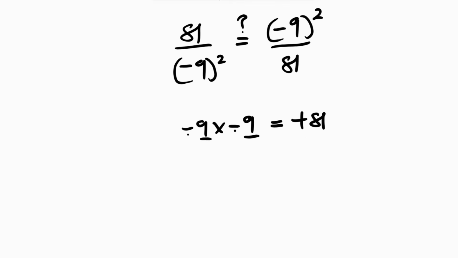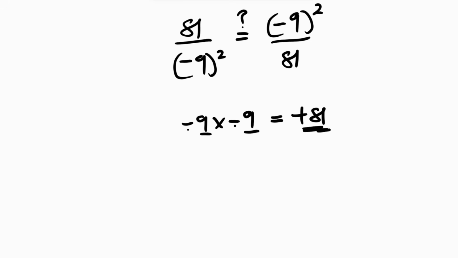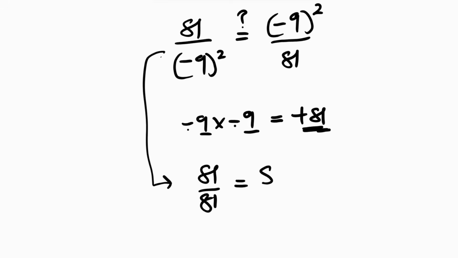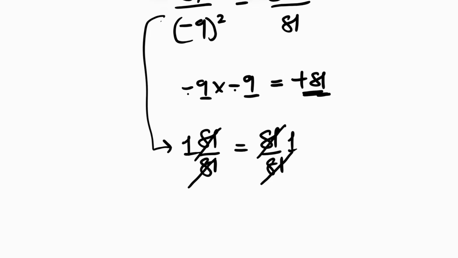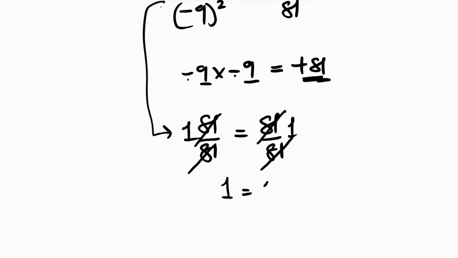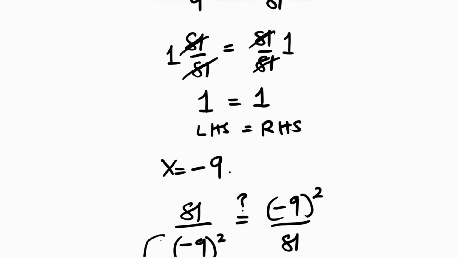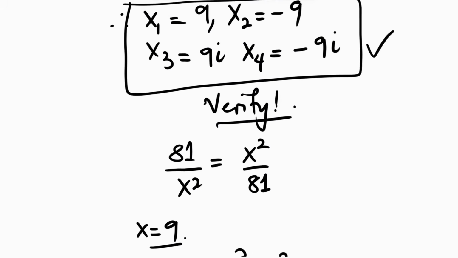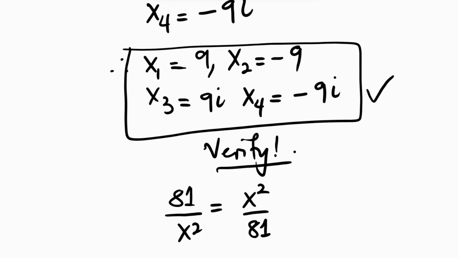So we get positive 81. So now this becomes 81 over 81, once again equals 81 over 81. And these can cancel out. And 1 is equal to 1, meaning that our left-hand side now is equal to our right-hand side. So this just tells us that the answers that we got, the values of x, are correct.